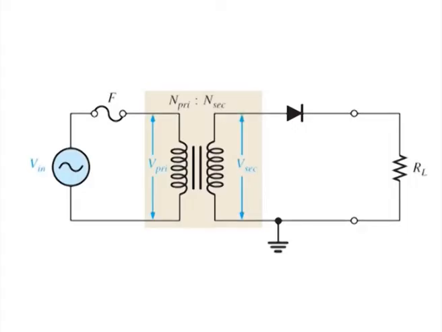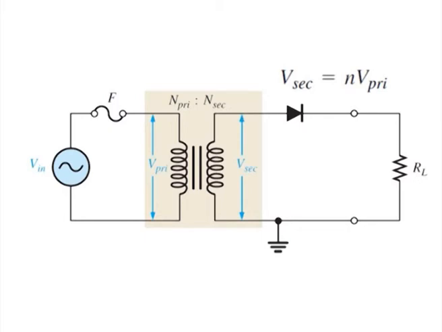To show the turns ratio on a schematic, it is common practice to show the numerical ratio directly above the windings. The secondary voltage of a transformer equals N times the primary voltage, where N is the turns ratio, as shown in this equation. If N is greater than 1, the secondary voltage is greater than the primary voltage.